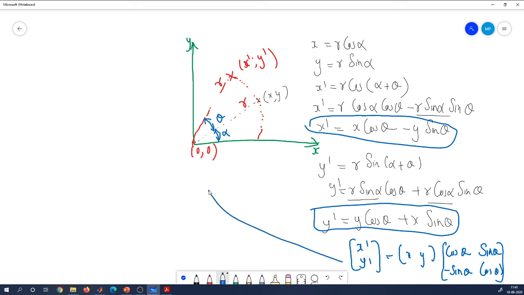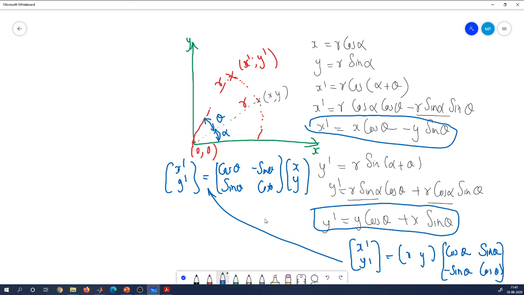Now let me rearrange this to a better looking expression. X dash y dash is equal to, let's put the rotation matrix first. So it becomes cos theta minus sin theta, sin theta cos theta, a transpose of this, into x y. I want to put it in column form, that's why.